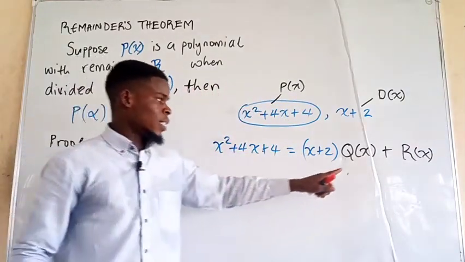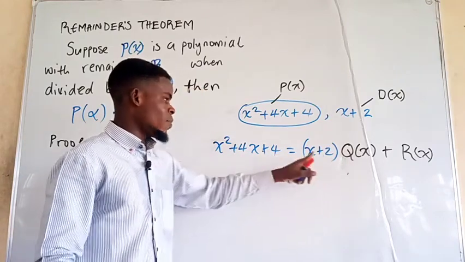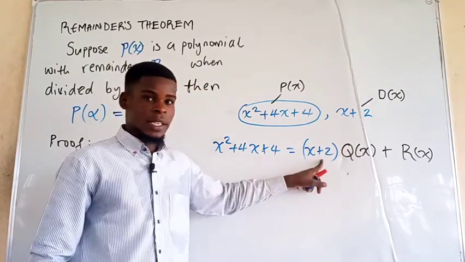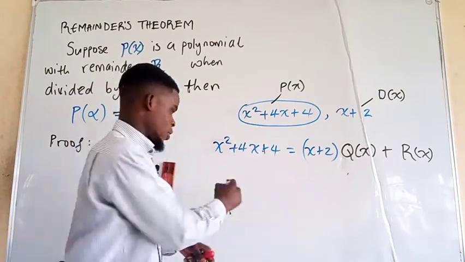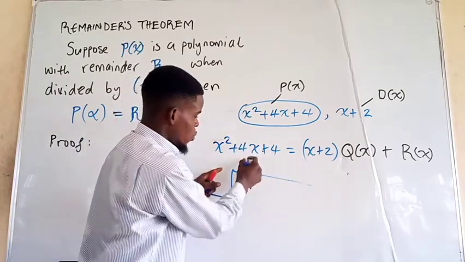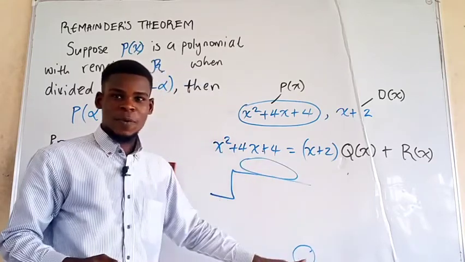Now, this q of x is a quotient. When you say this divided by this, you will have a quotient when you use your long division, right? Your quotient will be here, and your remainder will be somewhere here, right?